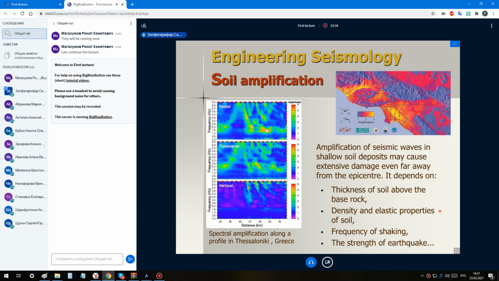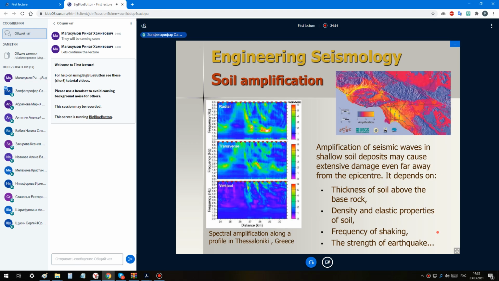The next slide shows the soil amplification. On the left side, this slide shows a spectral amplification line of profile in Slansky Grace, with coloring contours in radial, transverse and vertical components per frequency per distance.